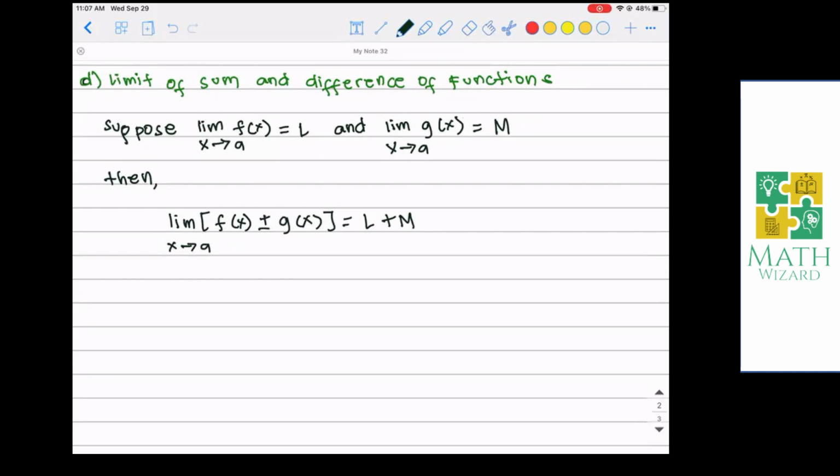Treat natin yung functions separately for us to get the limit of it. Let's have an example.